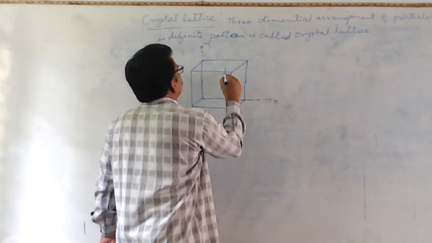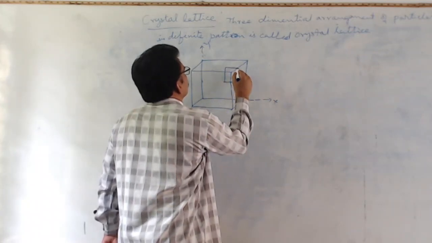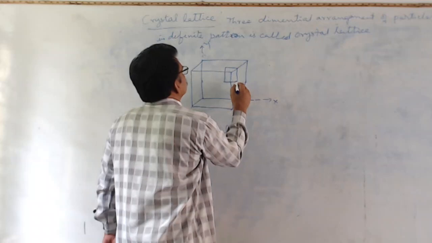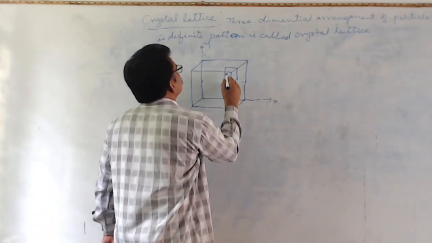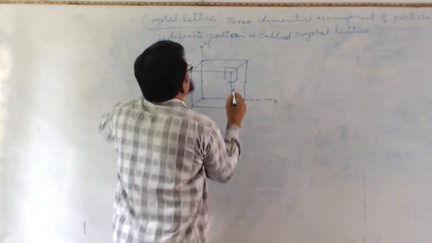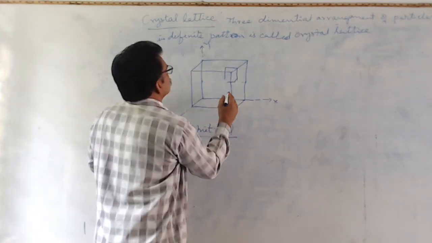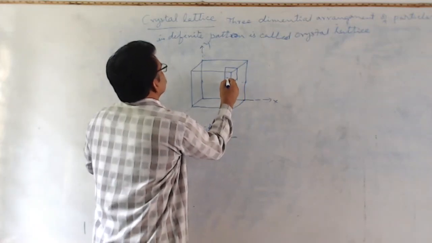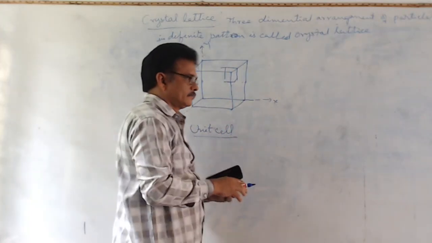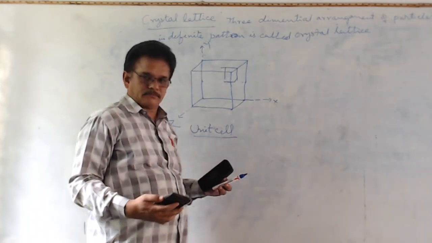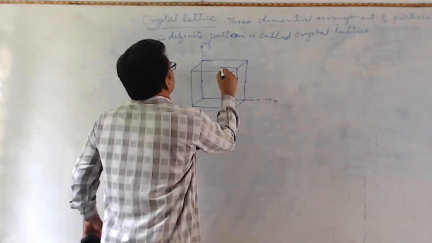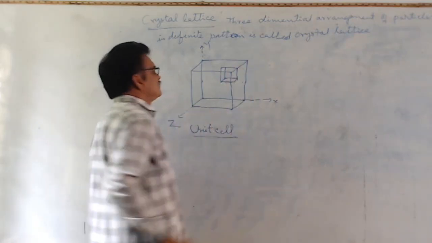If we take a unit cell like this, it becomes a unit cell.